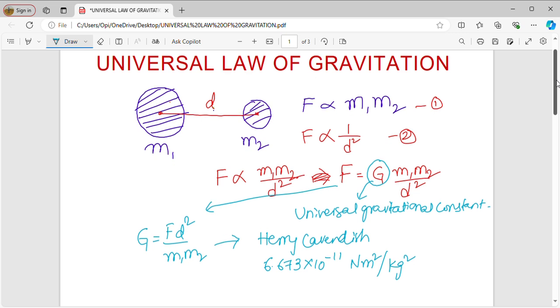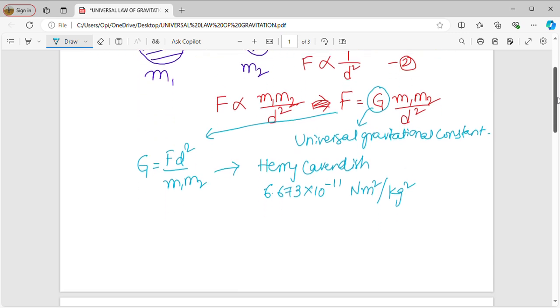How did we get these units? Just observe this equation here. G is F times d square upon m1 m2. What are the units for F? Force is in newtons, the distance is in meters, so meter square, and the unit for mass is kg into kg, that is kg square. That's the reason we got these units.